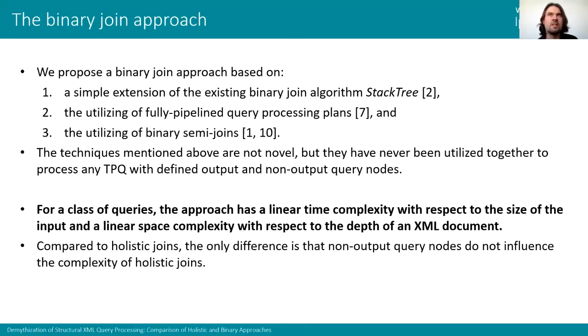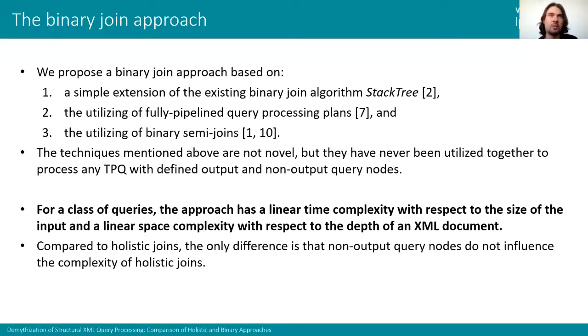It is based on the utilization of fully pipelined query plans, and it is based on the utilization of the binary semi-joins. All the techniques are not novel, they have been already proposed, but to the best of our knowledge, they have not been used together to process any TPQ with any specification of output and non-output query nodes, such that the query plan is always fully pipelined, and its performance is comparable with holistic joins.